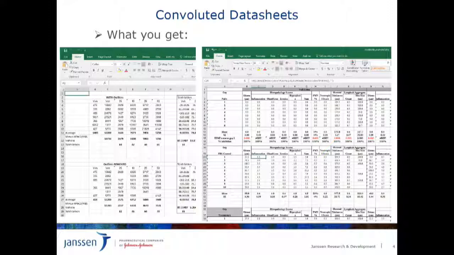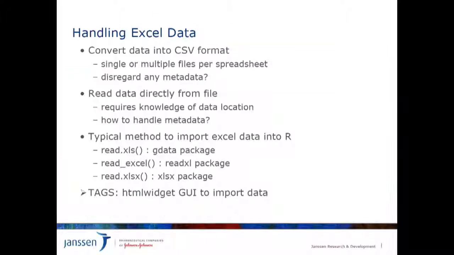Or you may have to import the data directly from that table, but then you have to know exactly where the data is, and it may be difficult to get a handle on metadata. So you may have a single data or multiple data, but metadata is really sort of lost unless you know.